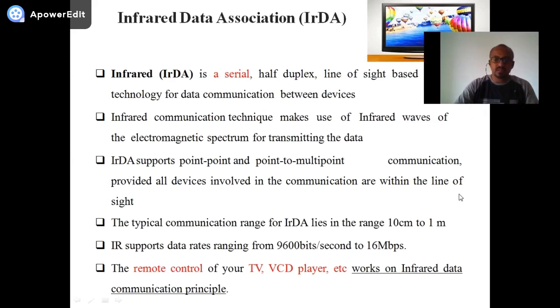Range has increased nowadays. Infrared supports a data rate range of 9600 bits per second to 16 Mbps, and the TV remote of your TV, VCD players, etc. work on the infrared data communication principle.